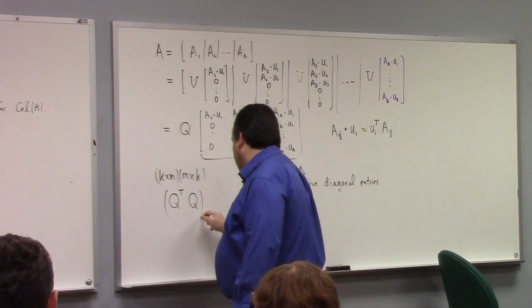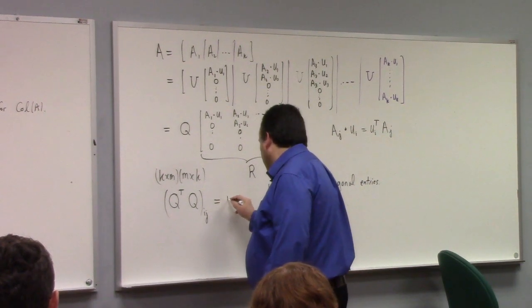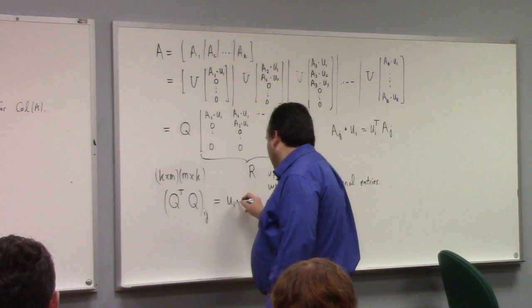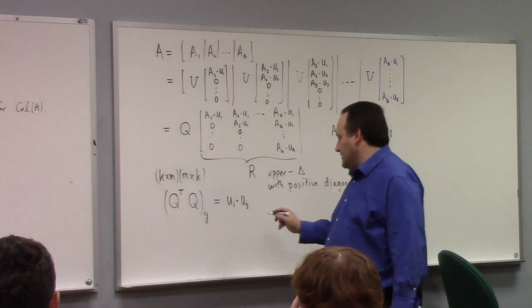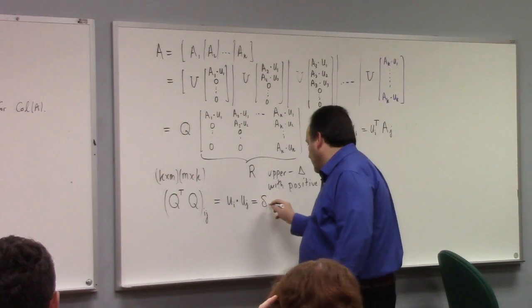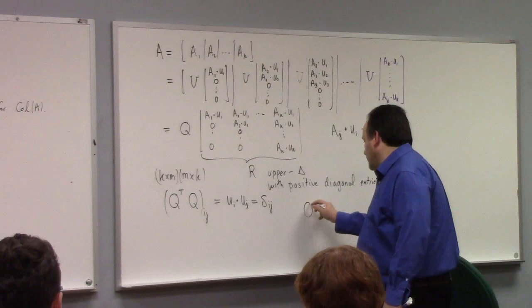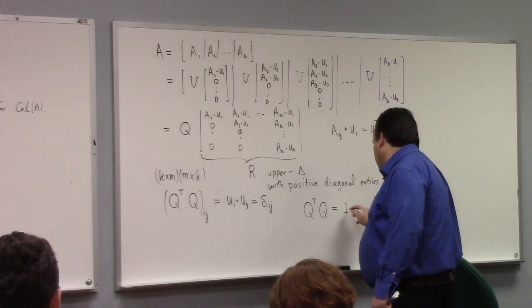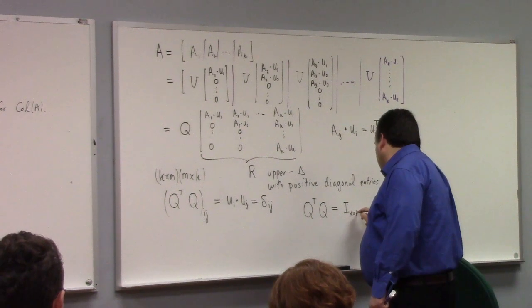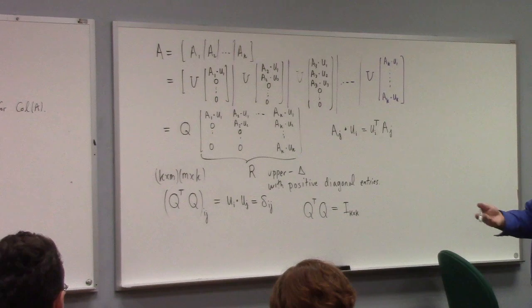And if you calculate the ijth component of this, what do you got? You've got Ui dot Uj, right? But that is, by construction, Kronecker delta ij. So in other words, this matrix Q transpose times Q is equal to the K by K identity matrix. It's an orthogonal matrix. Those are super nice because what's their inverse?